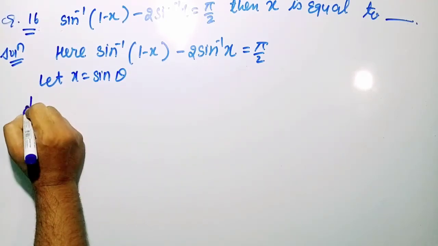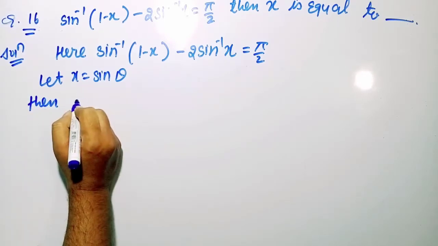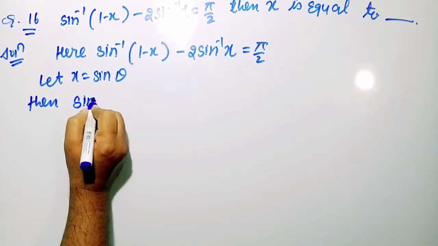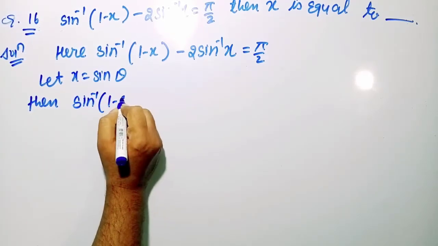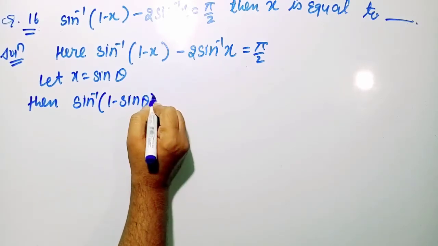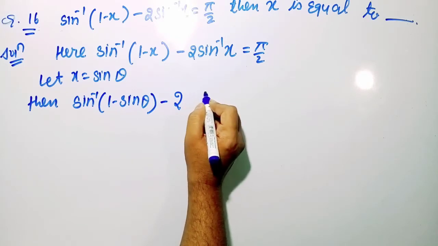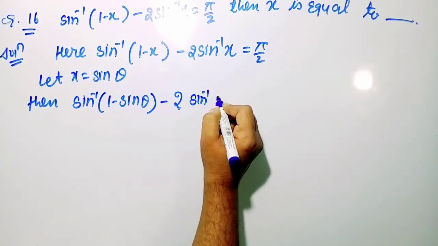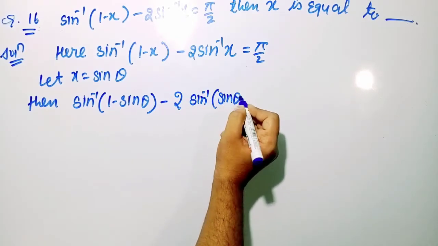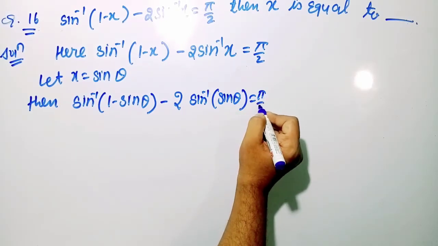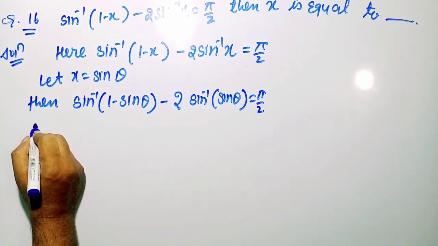Now putting the value of x, so we are getting what? Sin inverse (1 minus sin theta) minus 2 sin inverse x, in place of x sin theta, is equal to pi by 2, right?